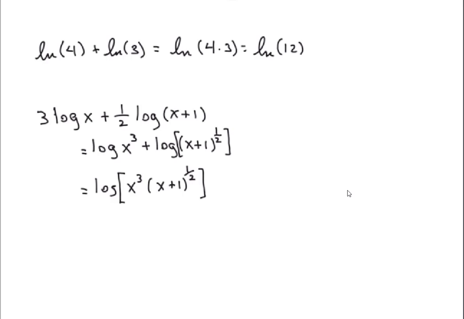Typically when we're trying to solve equations, we want to combine them together like this, because then if we have a single log, we can then solve for it. When we're doing calculus, usually though, we kind of want to split them apart.